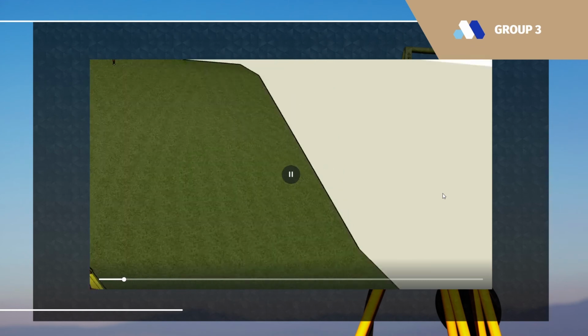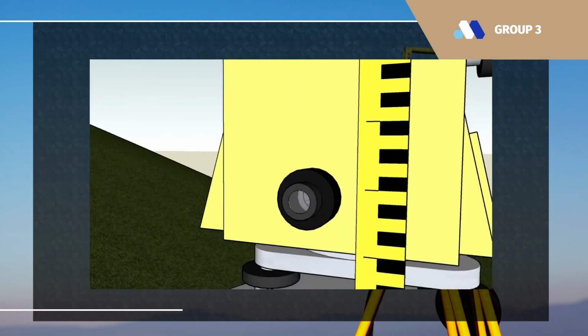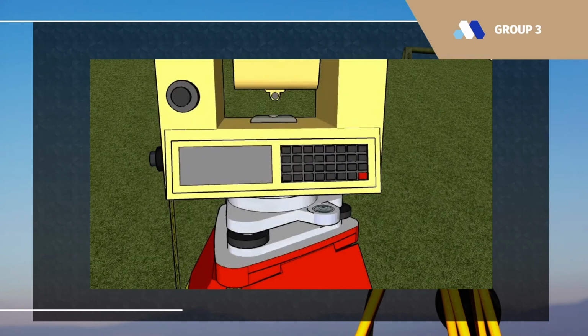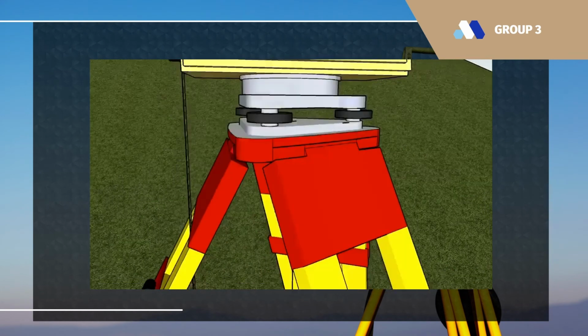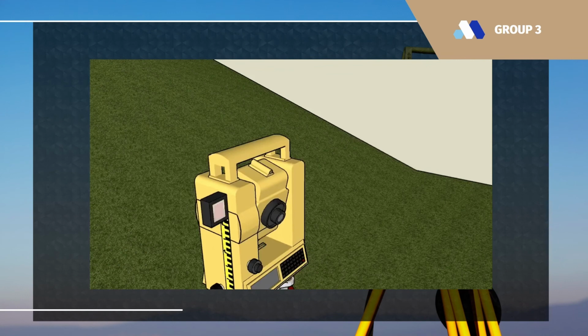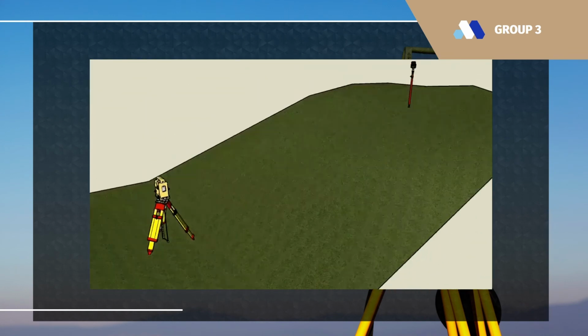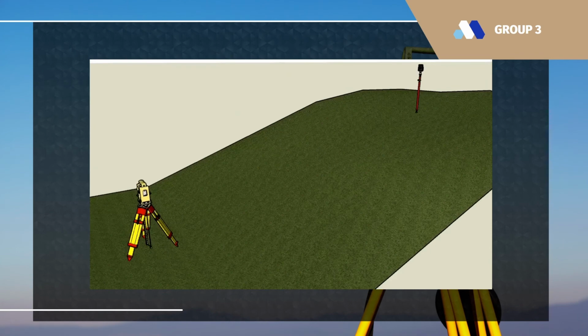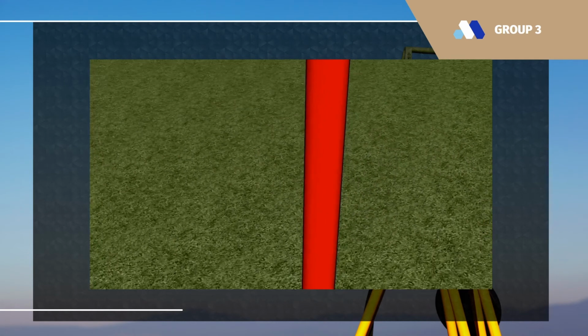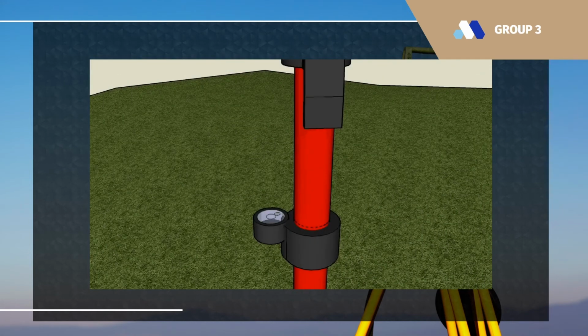To get a quick idea or image of this type of leveling, let us view this quick video showing the setup. The instrument is placed at point A, while the rod is placed on point B. So this is the rod.